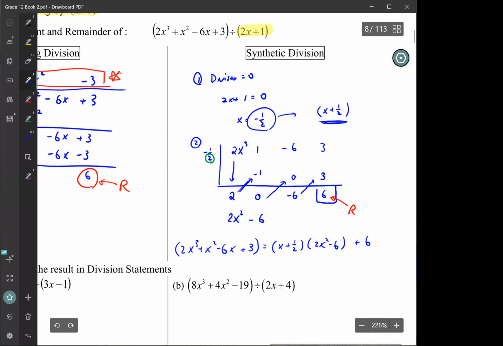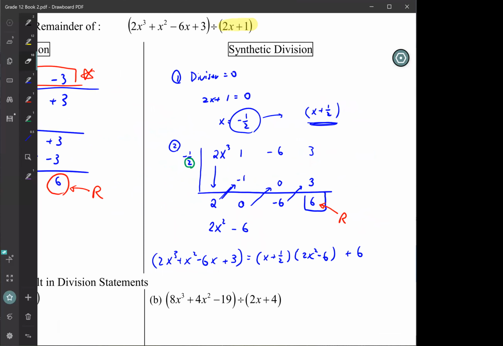So it doesn't match the divisor from the original question. In order to make it match, we need to multiply the divisor that we have here by a 2, and that 2 is going to come from the quotient that you got.